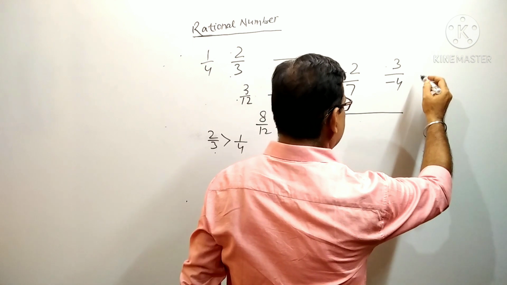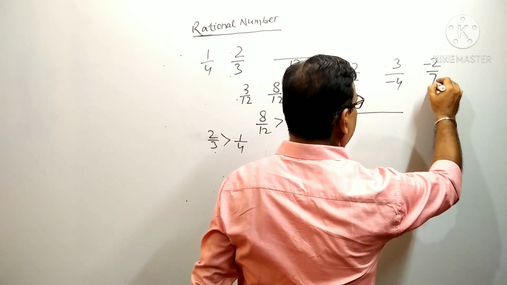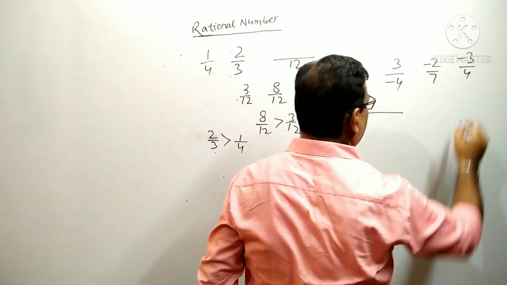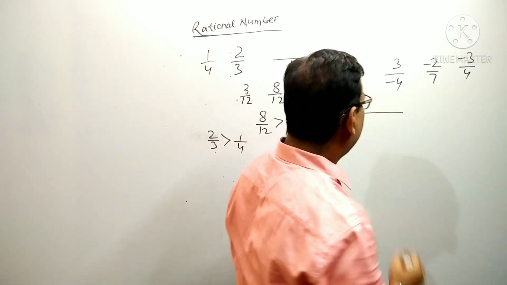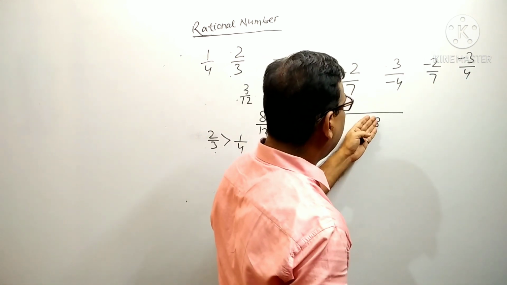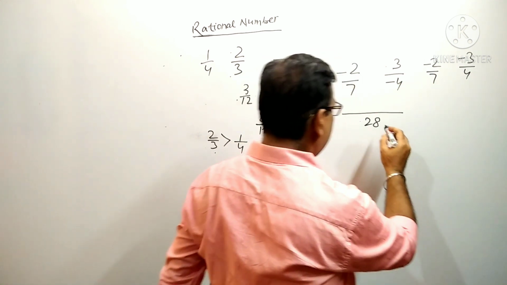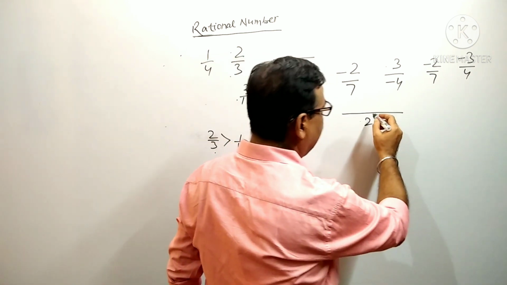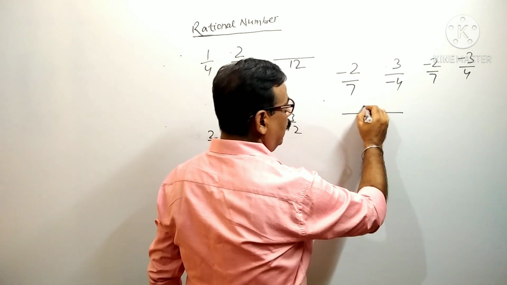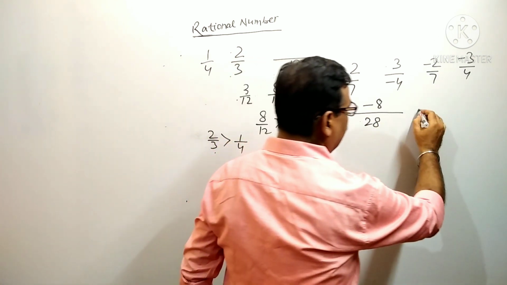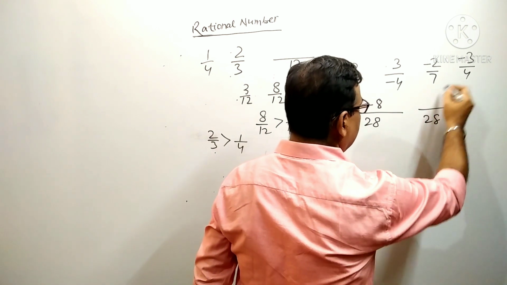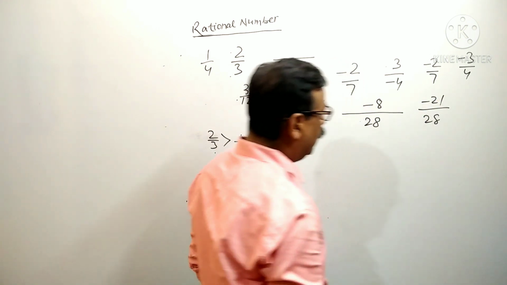So our rational number is minus 2 by 7 and another rational number is minus 3 by 4. Now you can find the LCM as 28, and 7 4s are 28. So the first rational number can be expressed as minus 8 by 28, and the second rational number is, 4 7s are 28, 7 3s are minus 21 by 28.